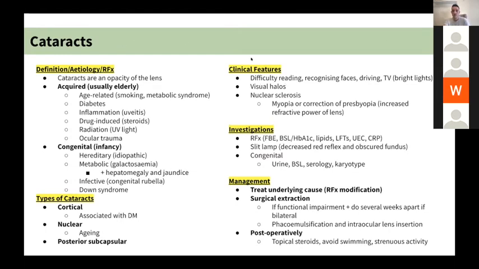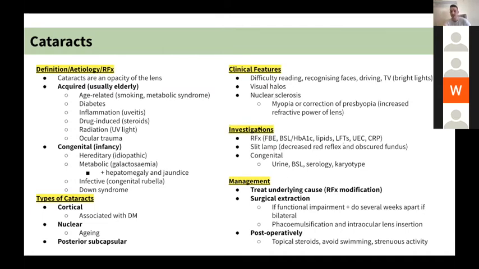In terms of clinical features, because you've got an opacification of the lens, your refractive power is reduced, so you're going to have difficulty with seeing most things like reading, recognizing people, driving, and also trouble with bright lights. So a common story is driving at night with other people having their lights on. You can get quite bad vision then, and you get halos around lights.